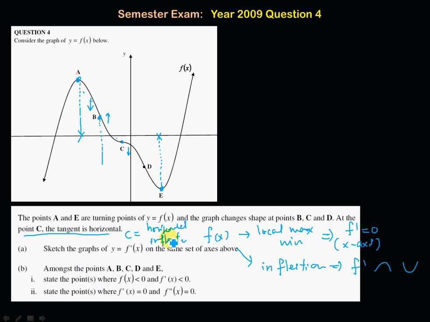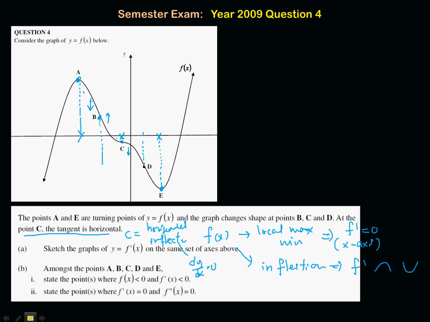When you sketch f prime, it is going to cut here. Or rather, maybe touch, because it's going to do a U-turn, and here's the inflection. So I'm going to U-turn somewhere.